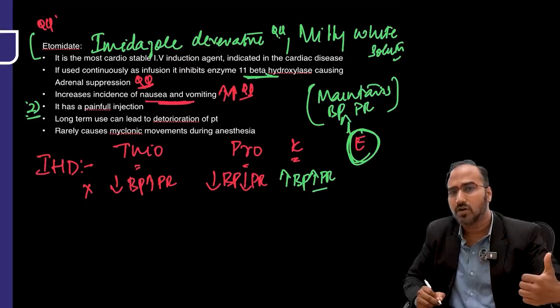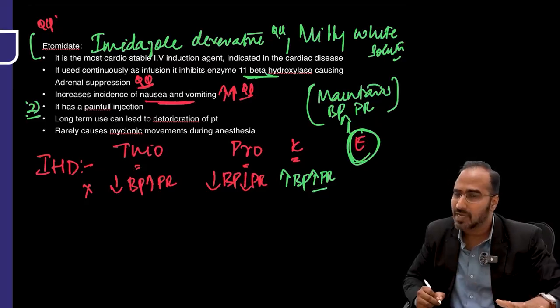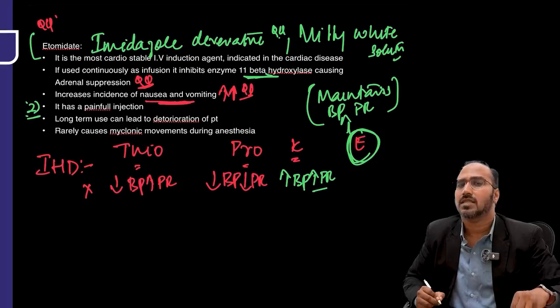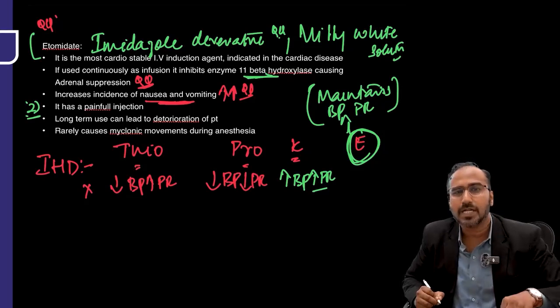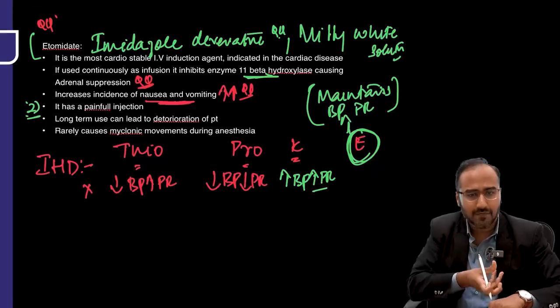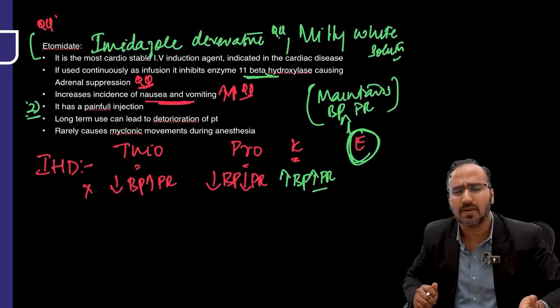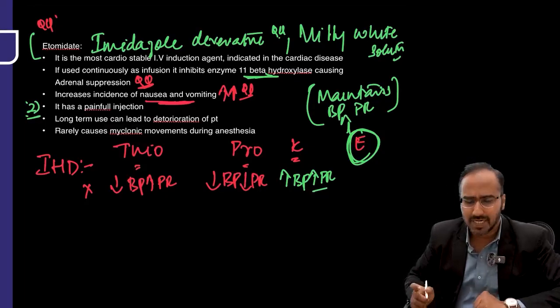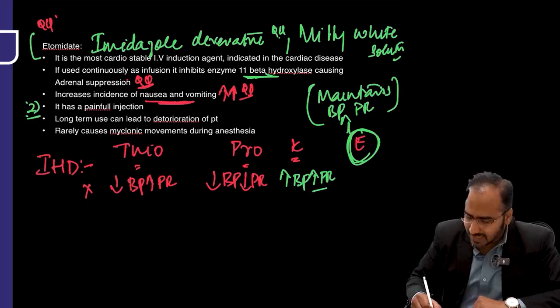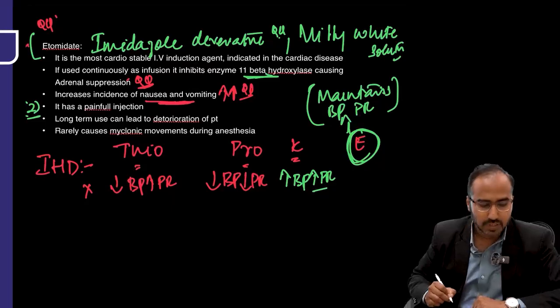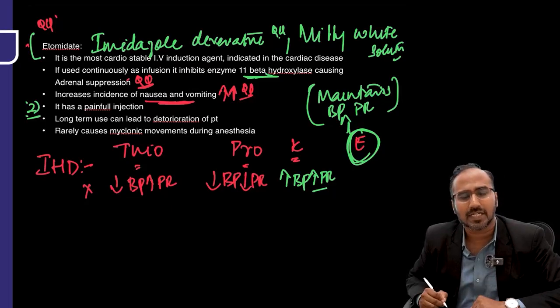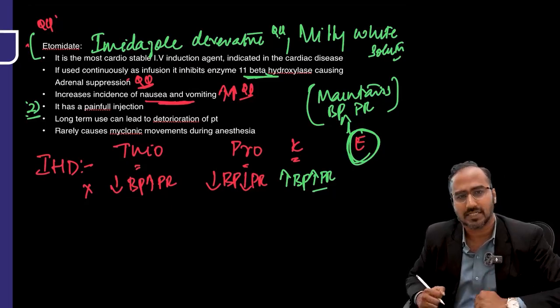One good point is that it's the most cardiostable IV induction agent. Hence, use it in any heart disease. But the bad points of etomidate are that it's a painful injection causing nausea, vomiting, and on long-term infusion it causes adrenal suppression. Okay, that is regarding etomidate. So these were the 4 IV induction agents that we have discussed.